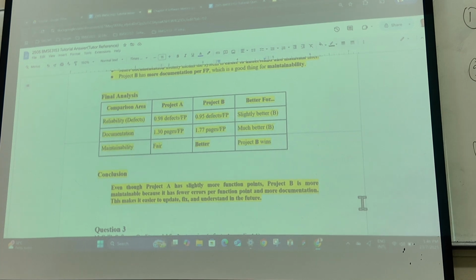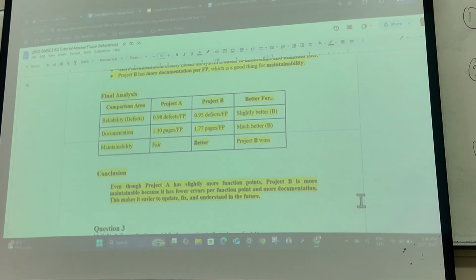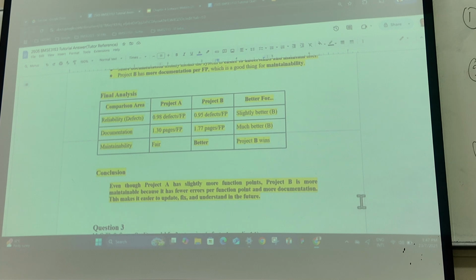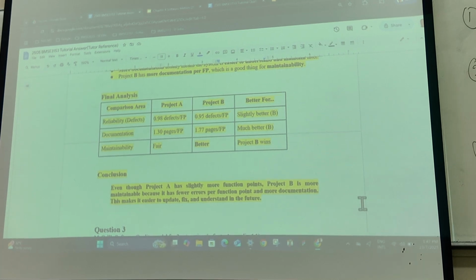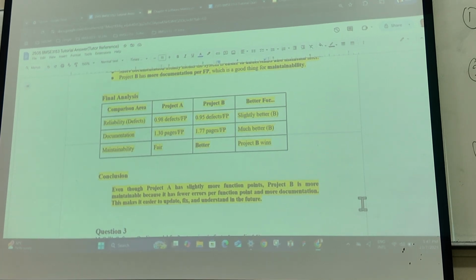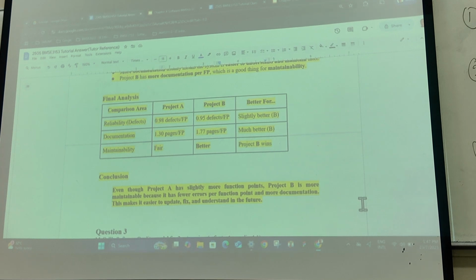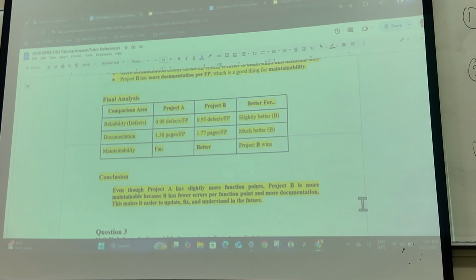So if you don't understand the slide, sorry, you cannot follow. He doesn't care. No, I can't blame him. He has so many students, how is he going to explain one by one? That's what tutorial is for.